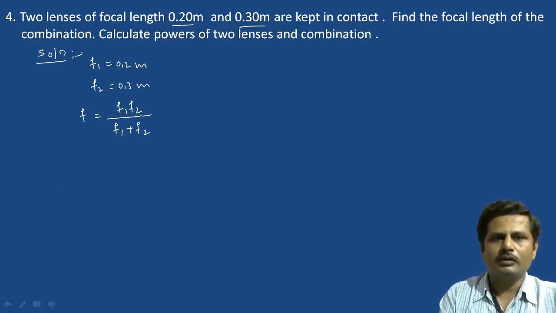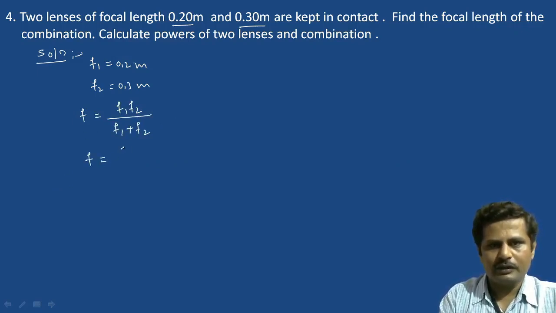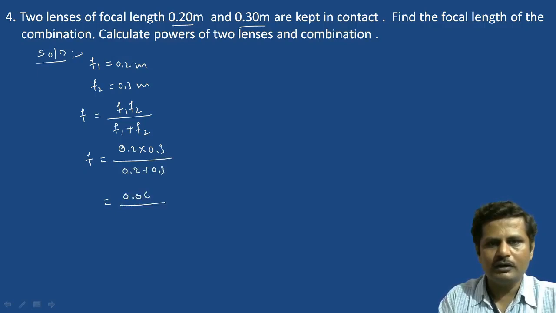Okay. Now on substituting the values, that is f1 is 0.2, f2 is 0.3, divided by f1 plus f2, 0.2 plus 0.3. Now 0.2 into 0.3 is 0.06 divided by 0.2 plus 0.3, which is 0.5.